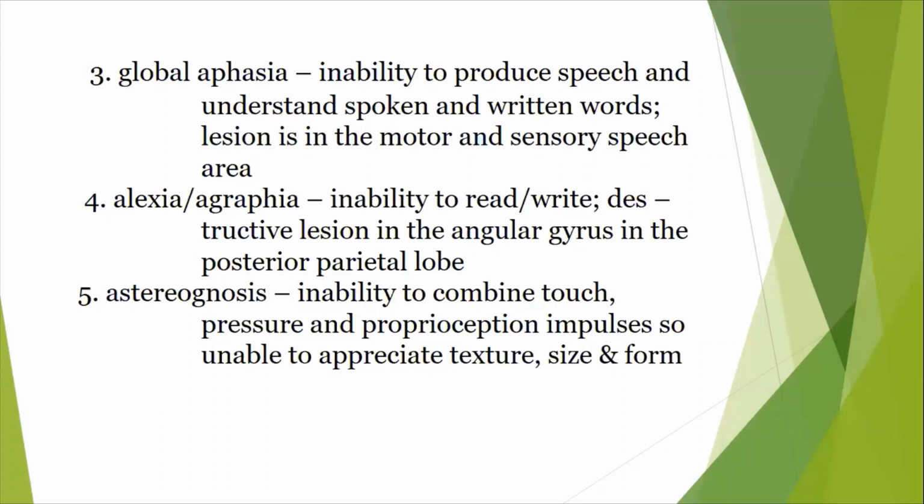For alexia and agraphia, here there is loss of the ability to read or write. In a case of a 1-year-old or one who has not yet had the ability to read or write, of course they don't have agraphia or alexia, and there is no destructive lesion in the angular gyrus in the posterior parietal lobe.